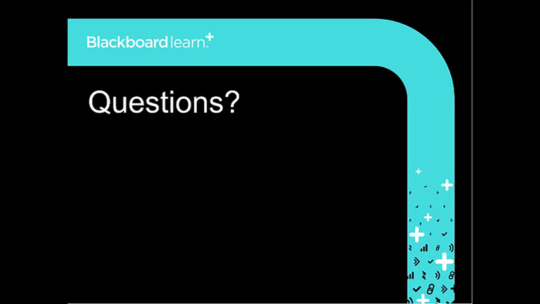Another question: will screen readers read alt text included with a picture before it is posted to Blackboard, or does the alt text field need to be filled in again when an image is posted in Blackboard? I'm not exactly sure about alt text included with a picture.